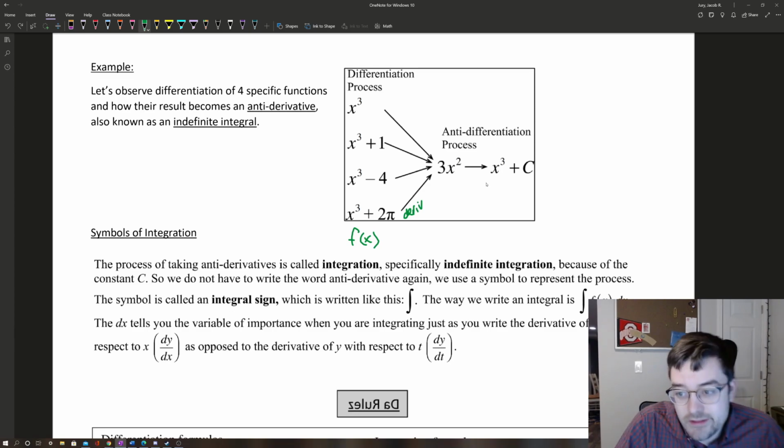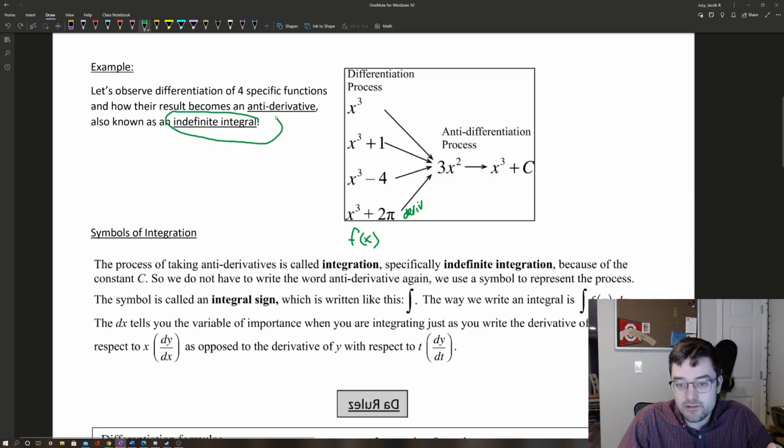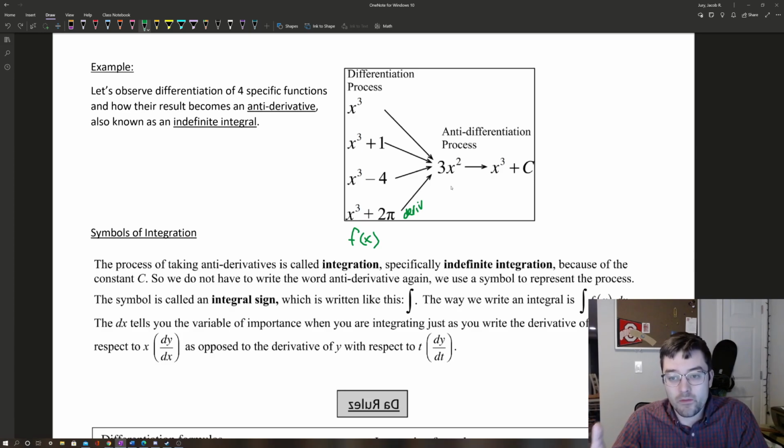The anti-differentiation process, so undoing the derivative or integrating, also known as the indefinite integral, that is going to get us back to where we were before. However, if we want to go back to one of these different functions, if we want to reverse the operation and go the other way, we can see that there are different constants that could produce the same derivative.